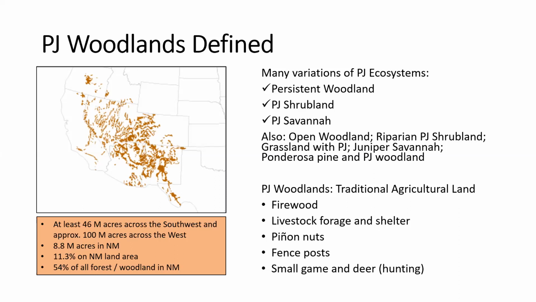Then there are pinyon juniper savannas, where the local soils and climate are more suitable for trees and grasses. And these ecosystems occur on finer textured soils and in areas dominated by summer precipitation mostly. And it's logical that low severity fires may have maintained low tree densities, because fire can be ignited through the grasses and then run into the trees.